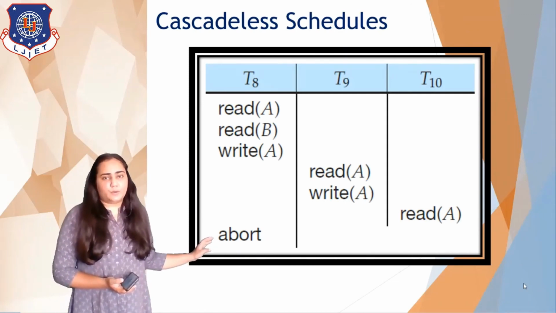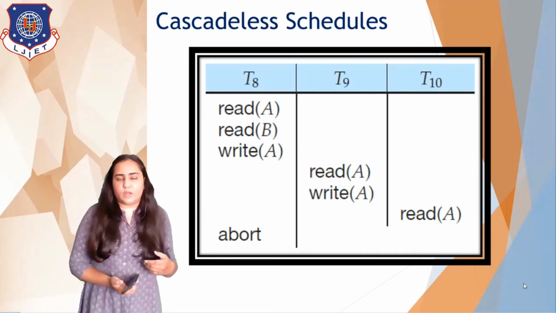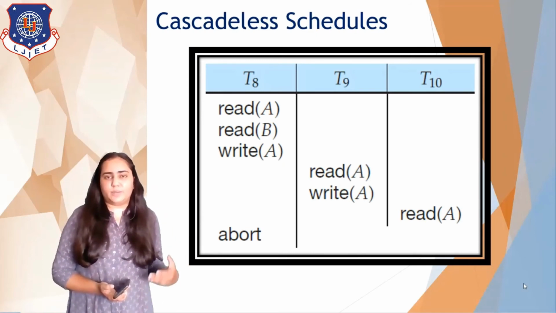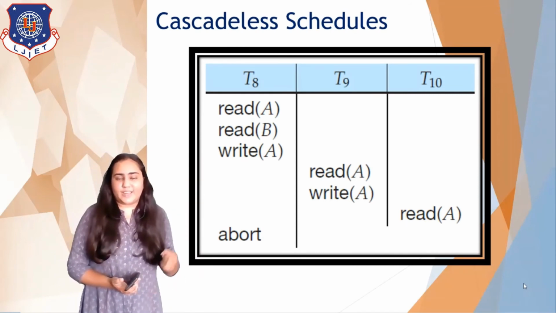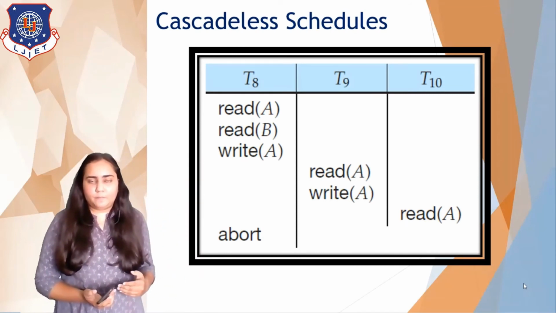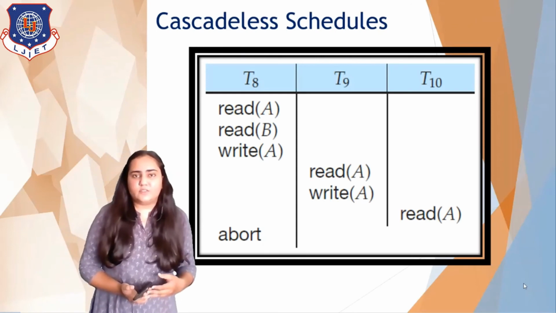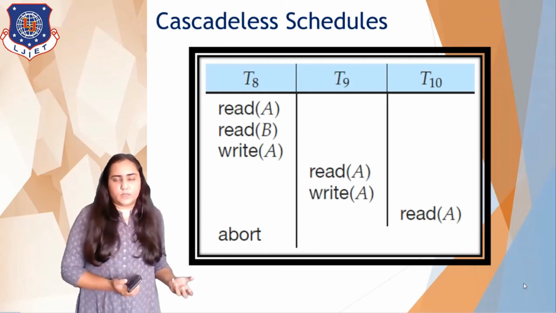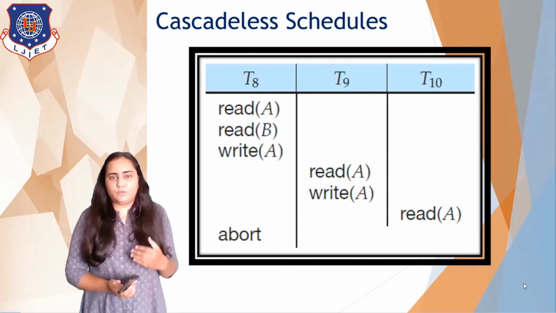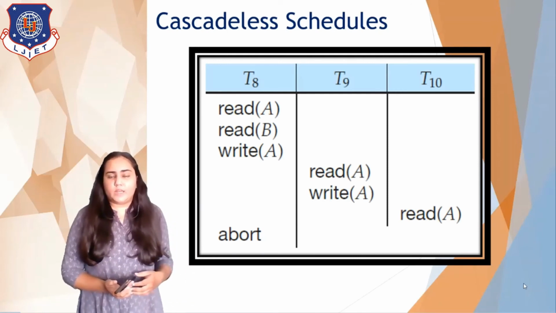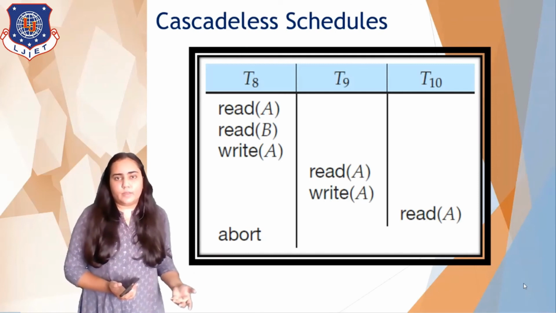So T8 is aborting. When T8 is aborting, what we need to do is undo all the changes made by T8, which means T8 performed write A, and I need to remove that write A. It's the same thing as what we saw in recoverable schedules. If T8 made the value of A 100 from 50, then we need to make it 50 again.